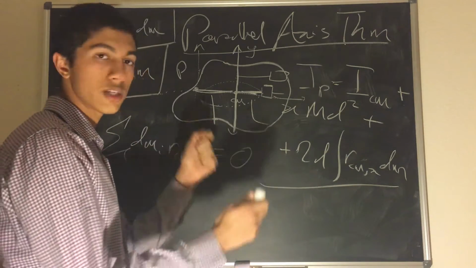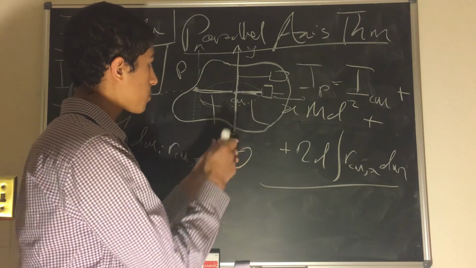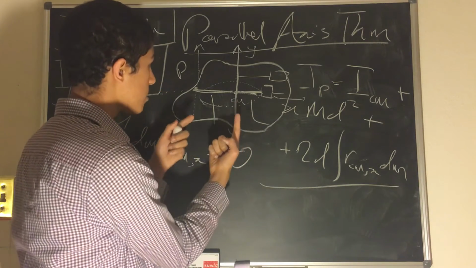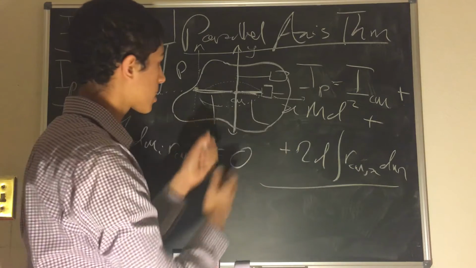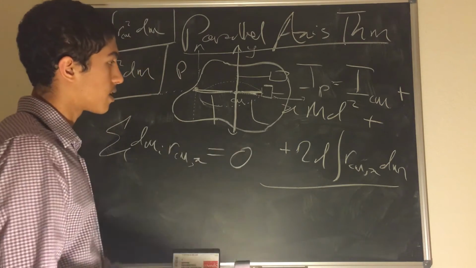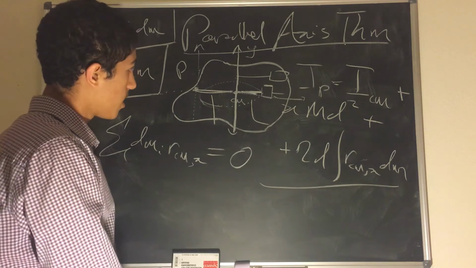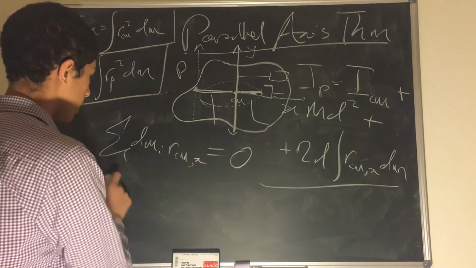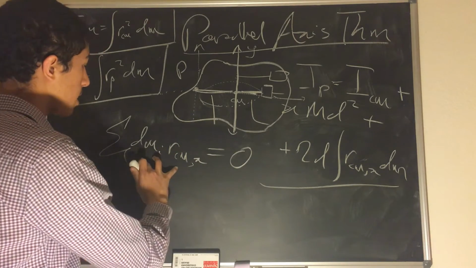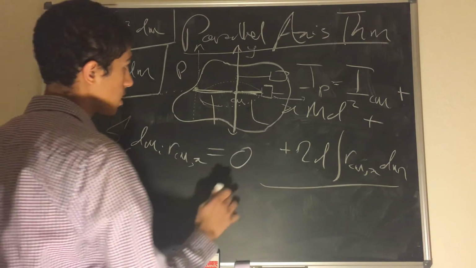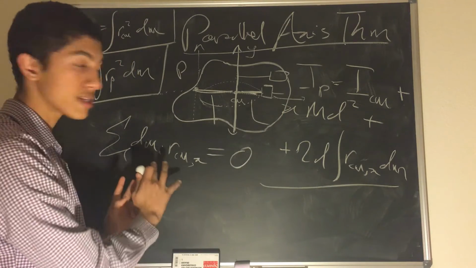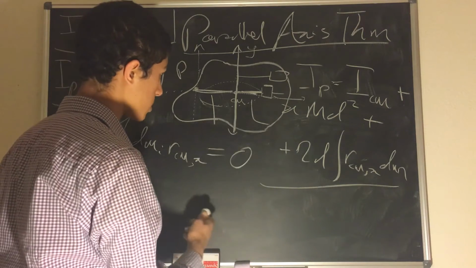If you think about the rigid body that we have here, and we take a pencil and balance it on the center of mass, then both of these sides' weights should cancel out. What that basically means in the concept of torque is that the left-hand side sum of dm_i times r_CM,x plus the right-hand side sum of dm_i times r_CM,x will be equal to 0.